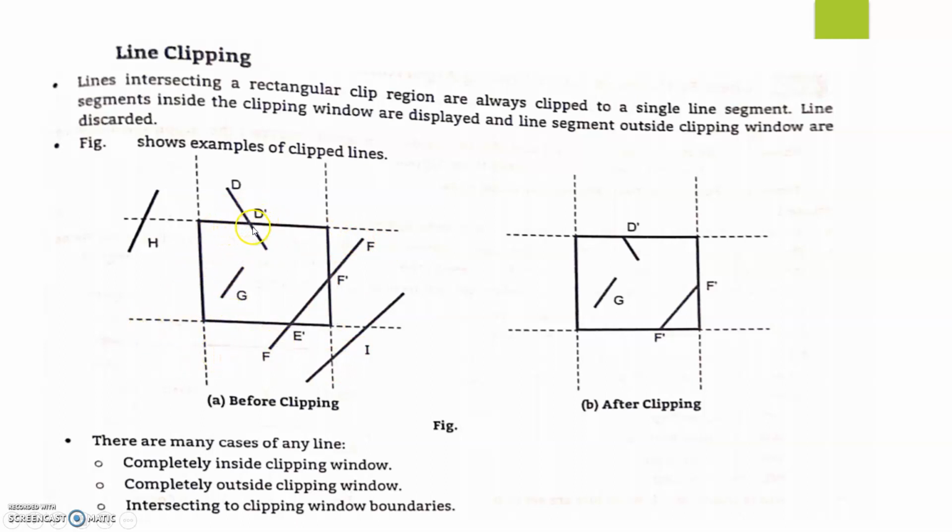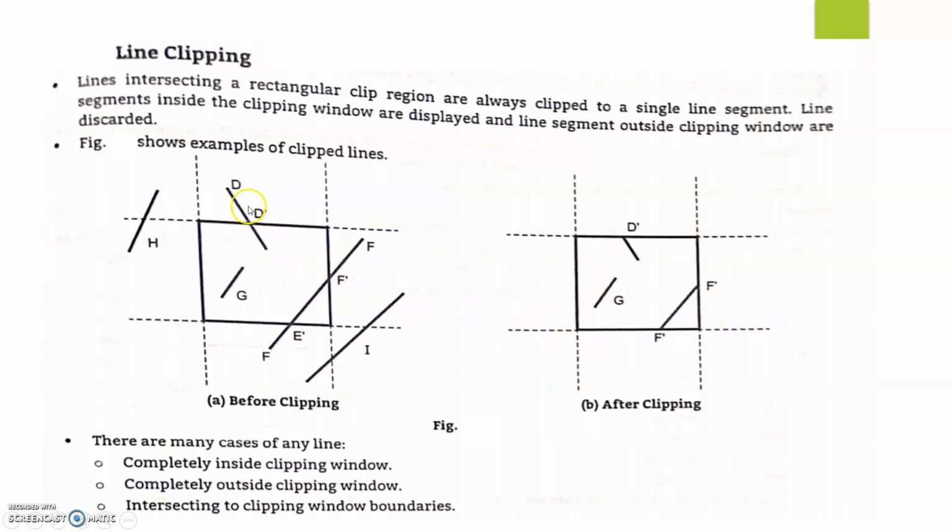If the line is inside this rectangle, it is considered, and the part of the line or the lines which are outside are not considered. Clipping means you have to consider only the line segments which are inside the rectangle.